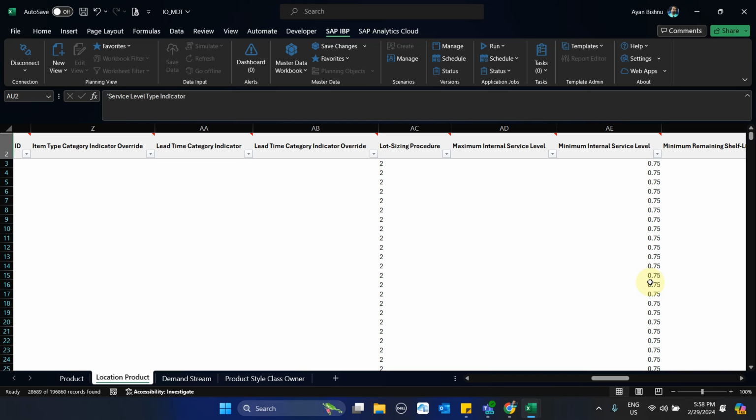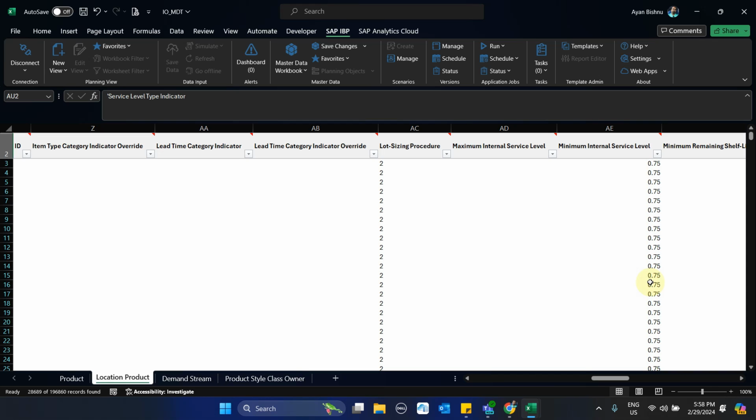External service level or target service level is basically inputted where we have a customer facing DC and we maintain a target service level at a product location and customer group level. Whereas if you look into two different locations within a supply chain node, which sends product from one location to another and doesn't replenish a customer, they do have an internal service level.